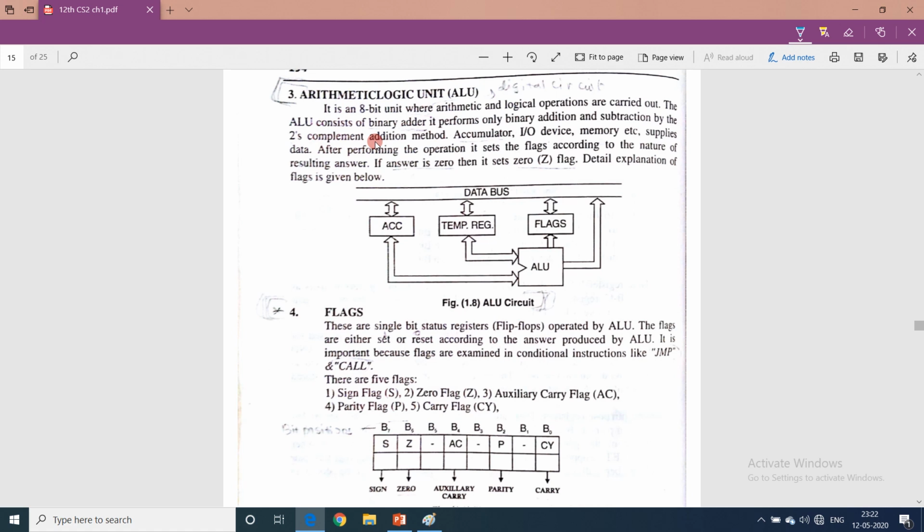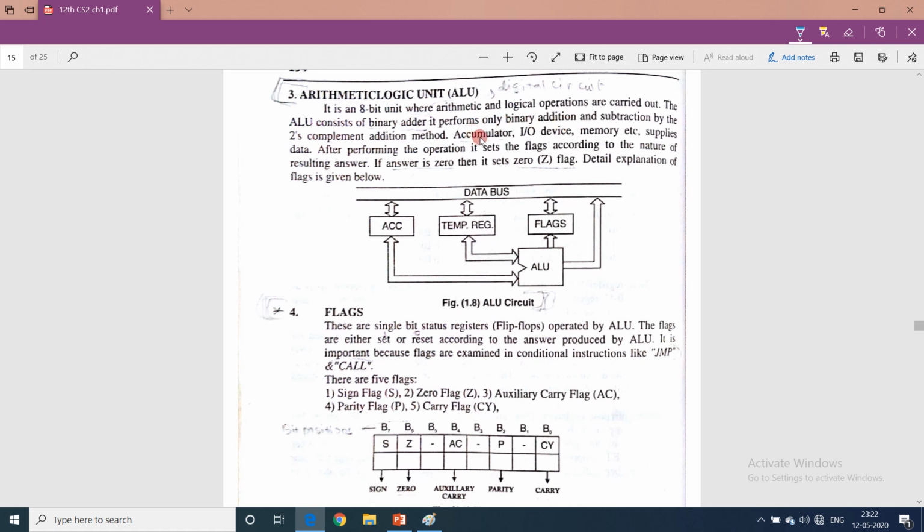This binary adder performs only binary addition and subtraction by the 2's complement method. If you remember, in CS1 first chapter, number systems, we did subtraction by the 2's complement method.